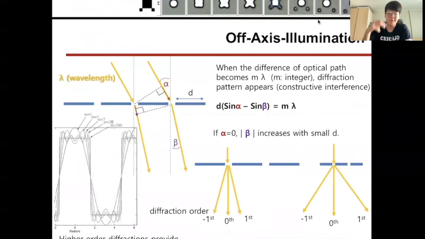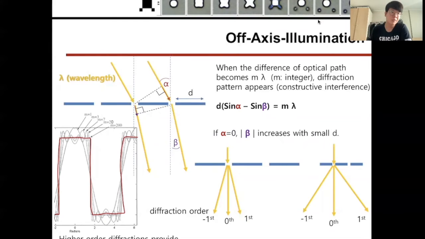And lastly, there is OAI, off-axis illumination. The reason why we use OAI is that, similar to the Fourier series, as the degree of the Fourier series goes higher, we can restore a signal very close to the original signal.